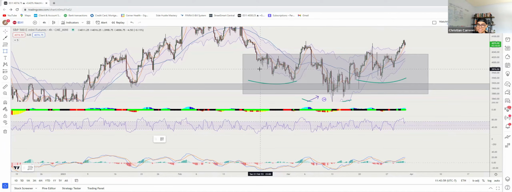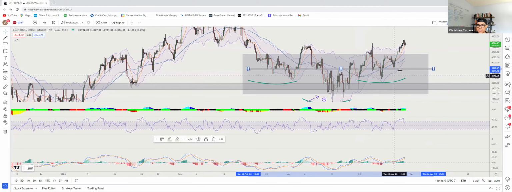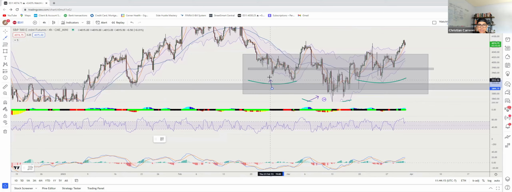Okay, so to me, just how I drew this 3900, 3920, I'm looking for a zone in the middle, or actually anywhere that can help me understand that relationship. And if we draw a zone here at 3970, 3978, again, you can see that when we get above it, we bounce. When we get below it, we drop, right?